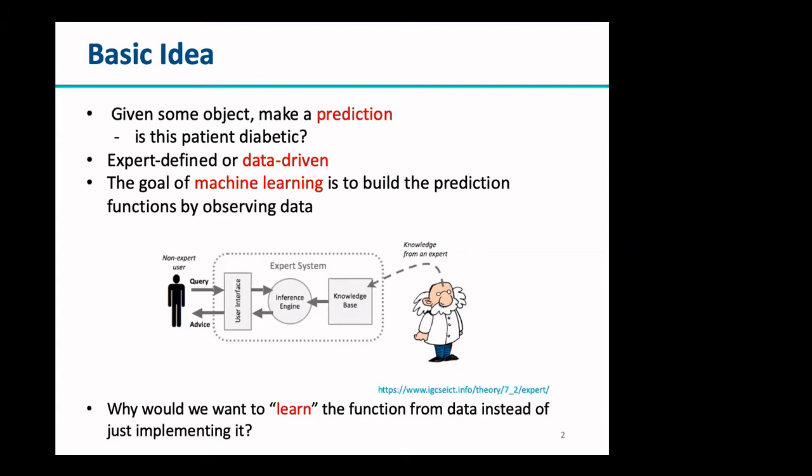And of course, non-expert users don't know about the knowledge base or the inference engine, so we should provide a user interface for them. The user can ask the query via this user interface and just see the advice. But behind it, we have these two parts. It is an intelligent system, but it is expert-defined.